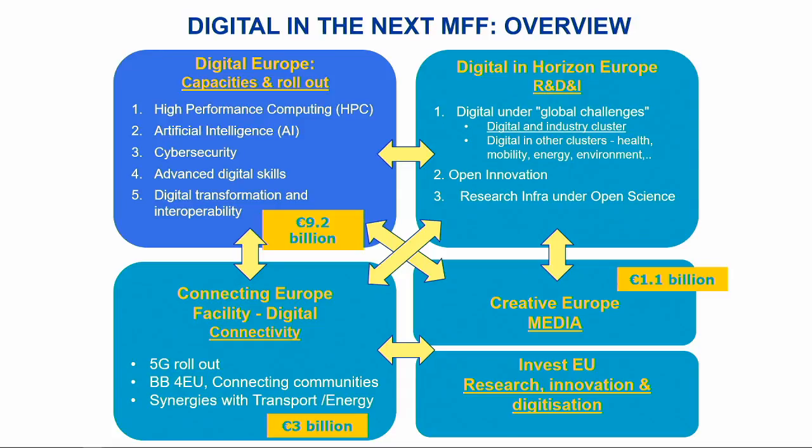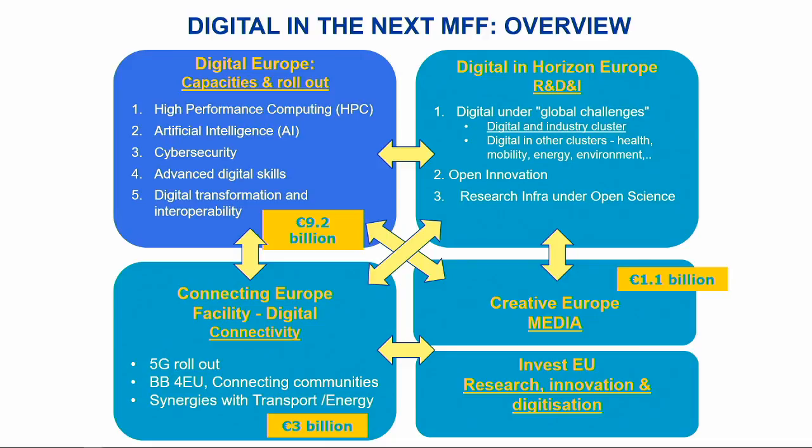In addition to that, there are a number of other programs which are going to be used. You may know about the Connected Europe facilities, but I mean, this is basically going to continue in order to support pan-European infrastructure. Basically supporting the rollout of 5G across Europe, but also supporting infrastructures for transport and energy.